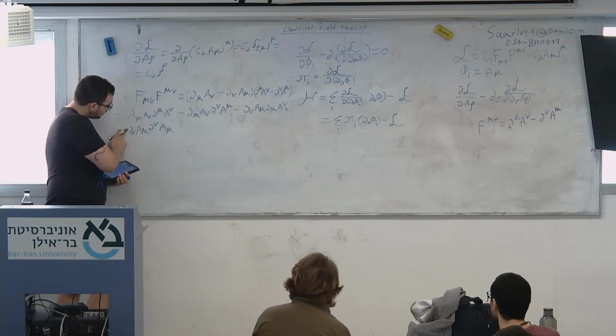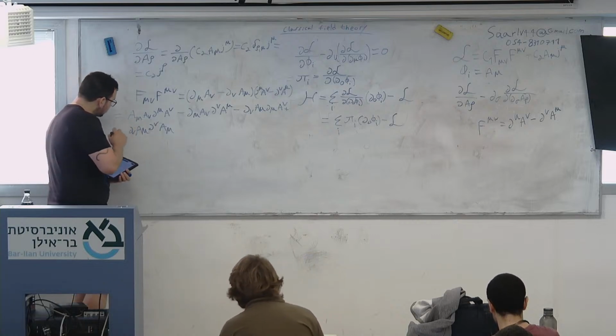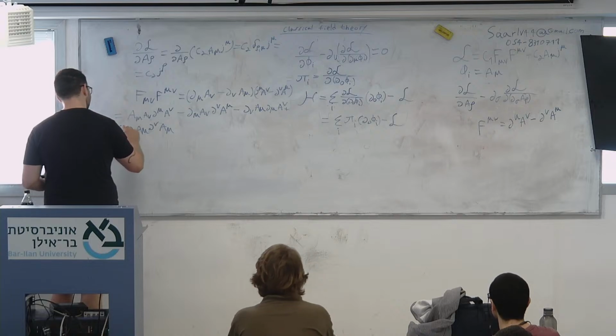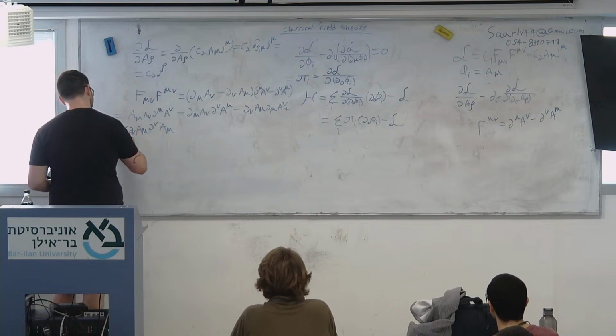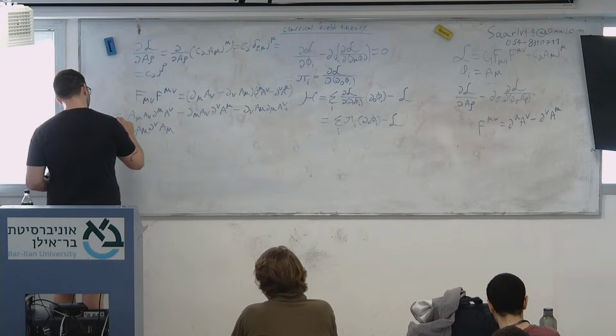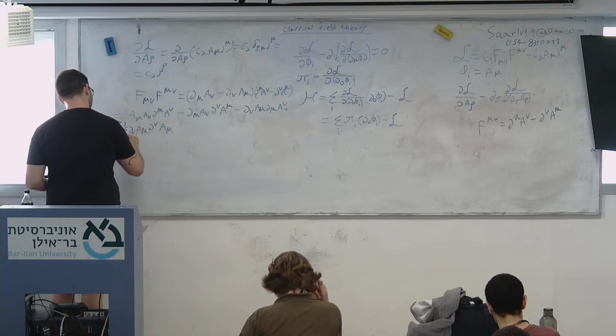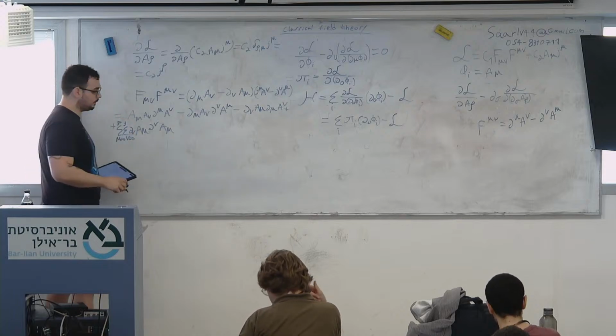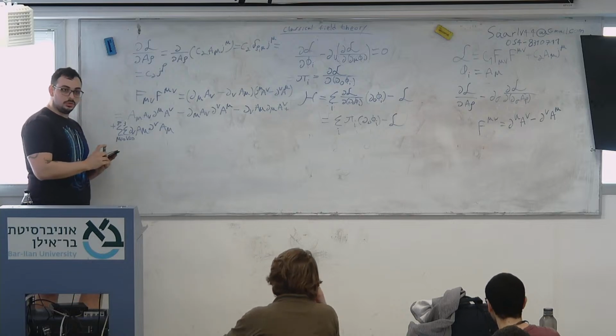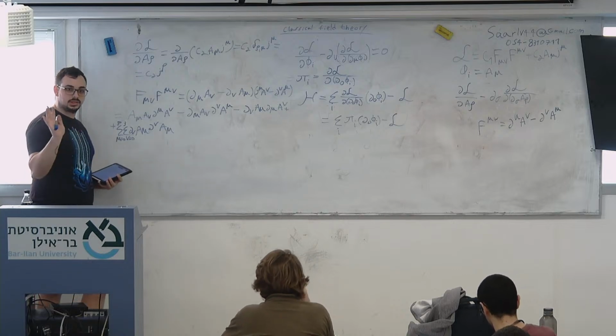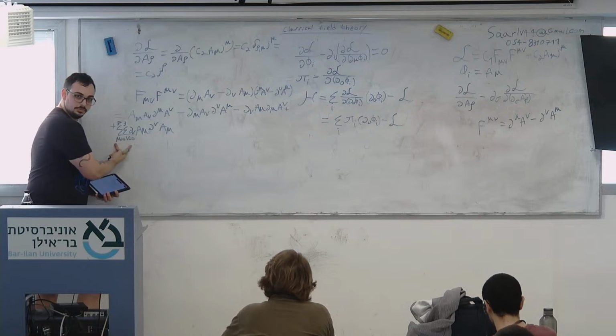So let me just write it here to make something clear. So we have a different sum. Right? So you would agree with me that it will be exactly the same if I switch them.